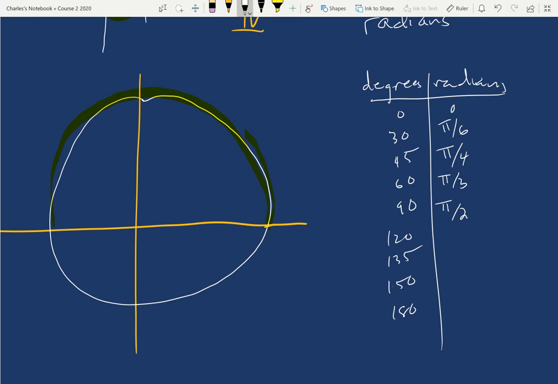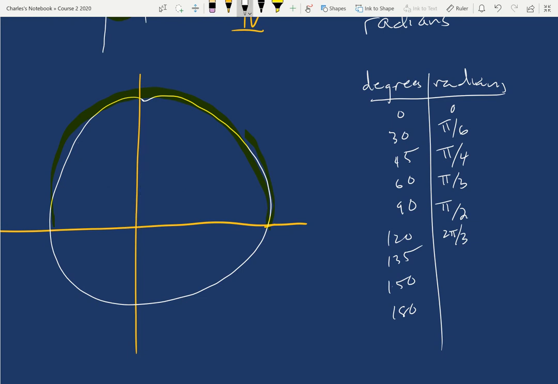With 120 degrees, there's no exact calculation, but you could think of what is 120? Well, it's 4 30-degree angles, which is 4 pi over 6, which simplifies to 2 pi over 3. 135 degrees is 1, 2, 3 45-degree angles.